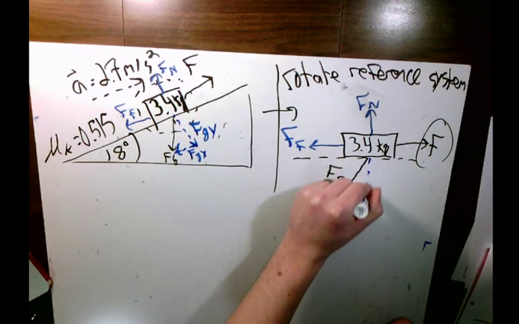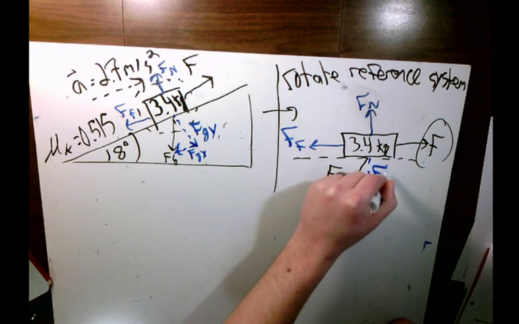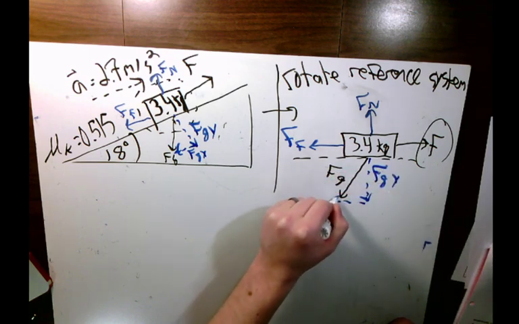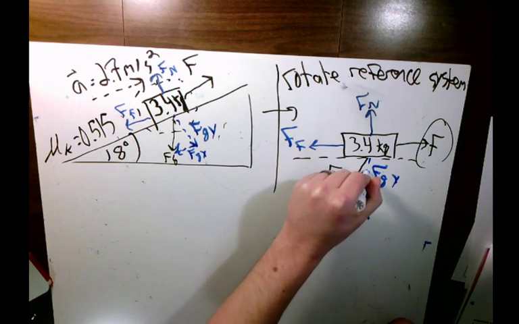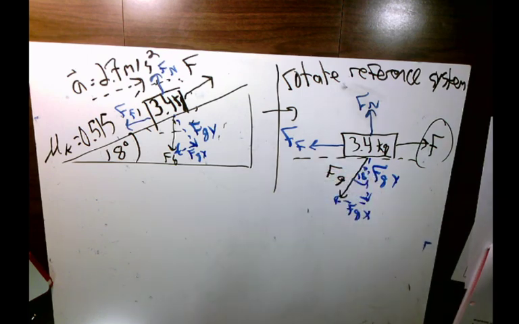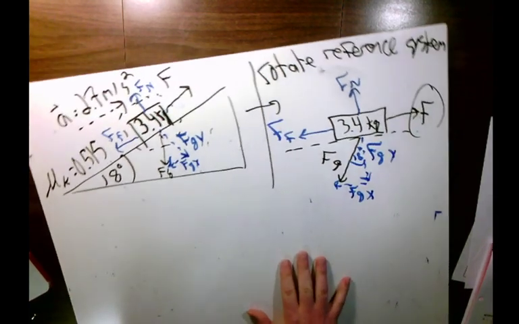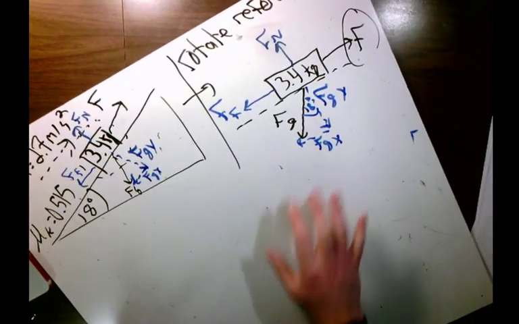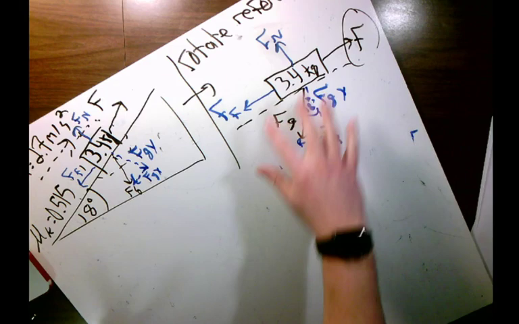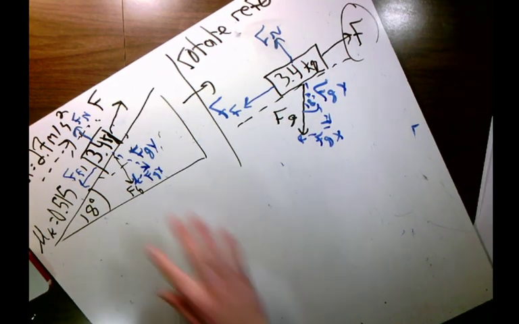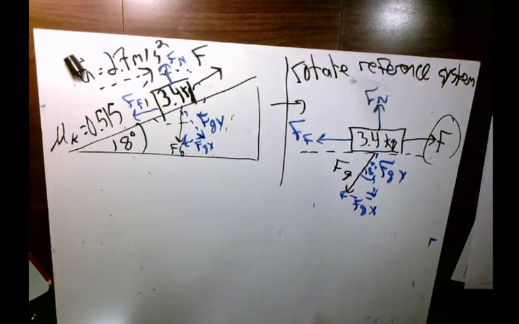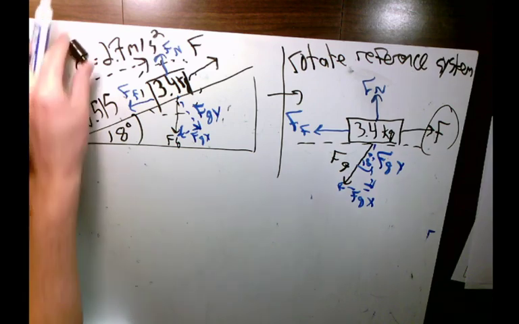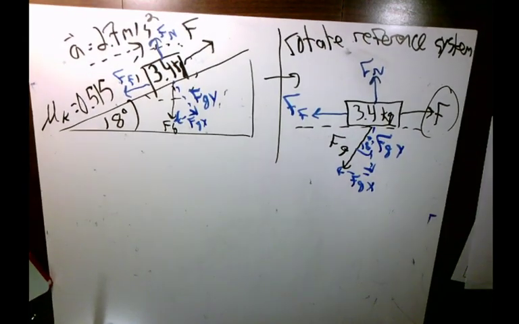So I've created a perpendicular y component and a parallel x component, which are both at 18 degrees from this downwards, right? So this is what the box looks like on the slope, and I've rotated it so that it's now in my easier to work with incline reference system.